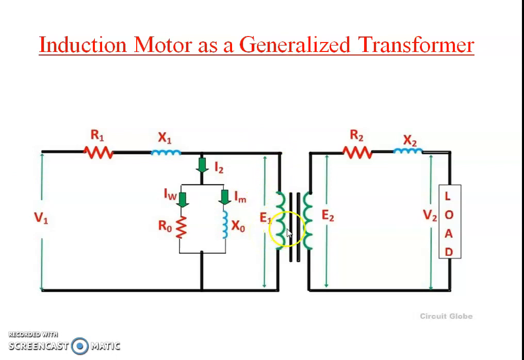Similarly, E2 is the induced secondary voltage. Two indicates secondary induced voltage, while one indicates primary induced voltage.